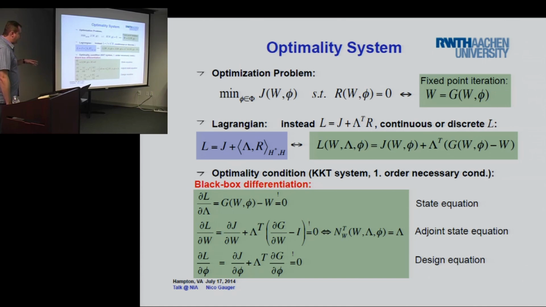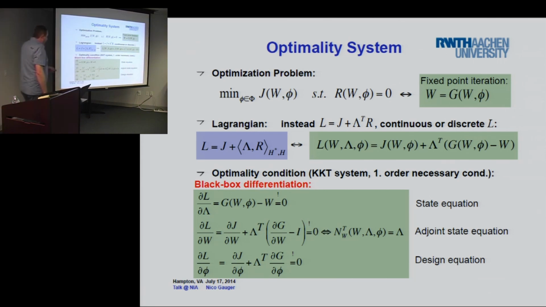That's the derivative of the so-called shifted Lagrangian with respect to W. I comment on that later. The important thing is, I then have a fixed point equation in lambda, and the good thing is I get the convergence properties of the primal solve for free, inherited by the adjoint iterator.